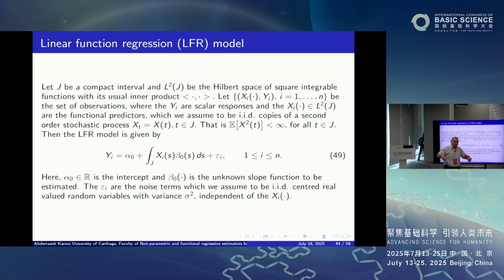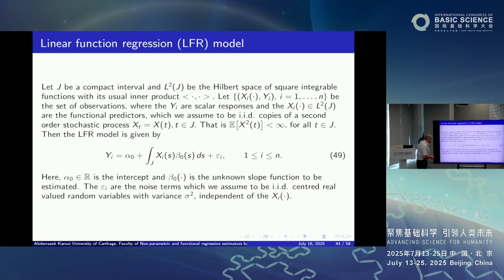That's the idea. So the linear functional regression problem is: Y_i, this is the response, and this is the model, alpha_0 plus the integral of X_i(s) times beta_0(s) ds. That's the function to find, and this is the added noise.